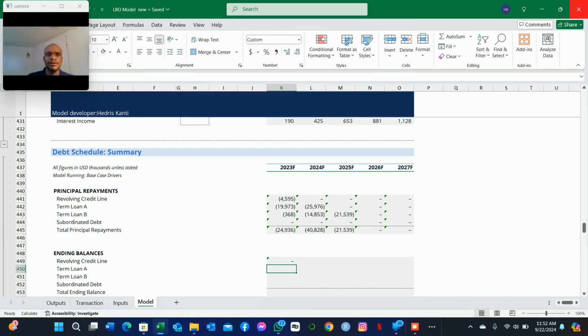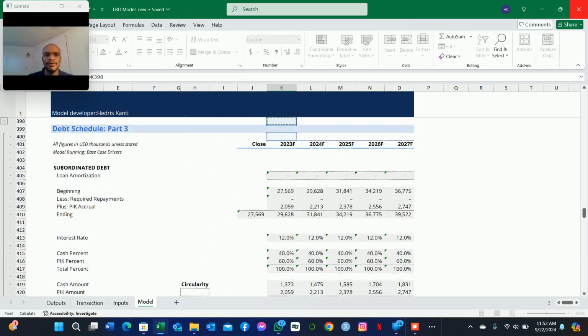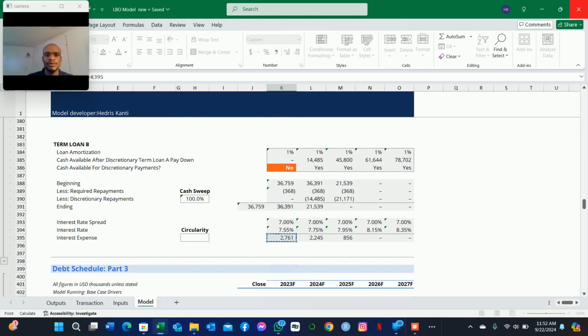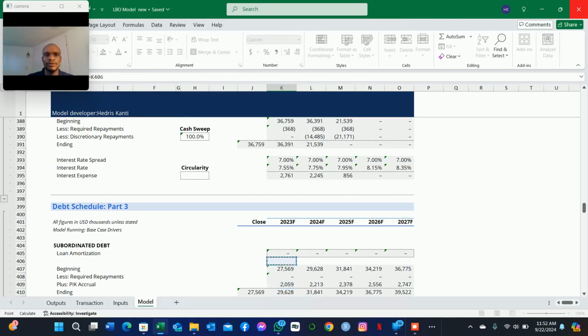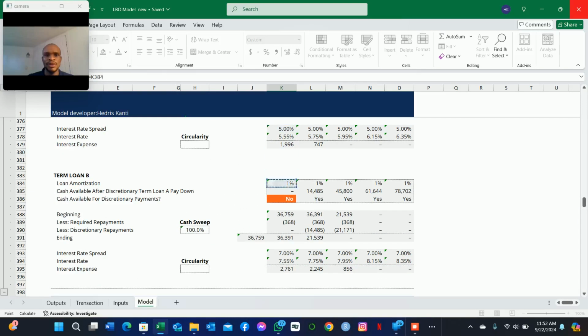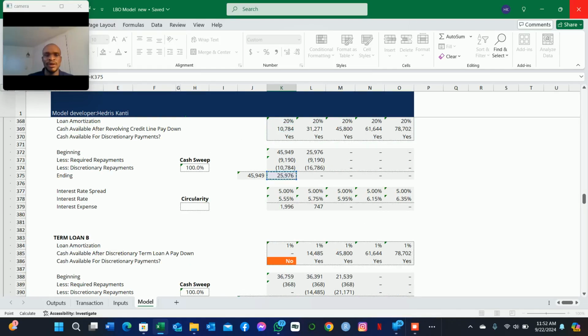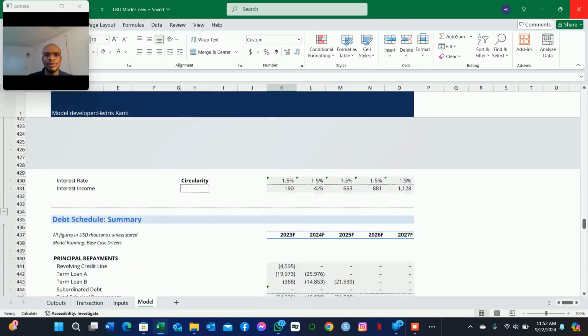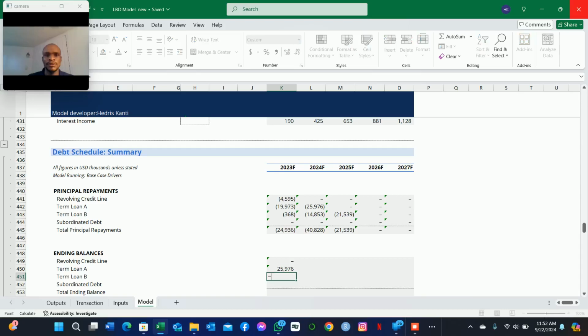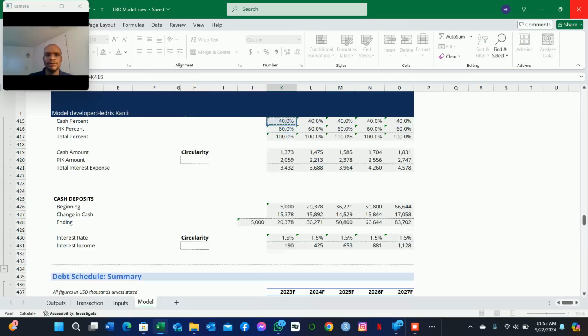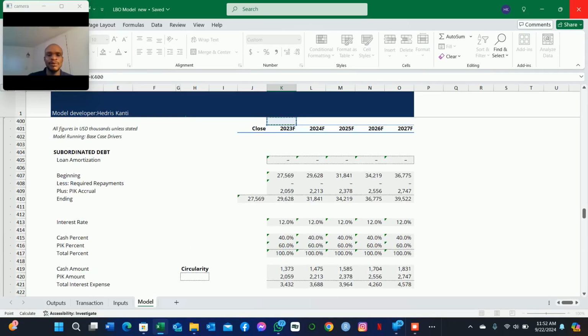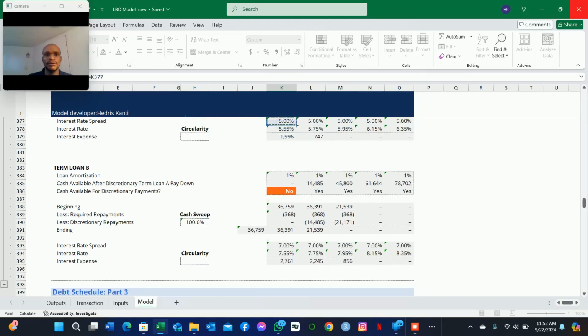And then for the term loan A, where we just account for whatever was left in that year to be paid, we take the ending balances for the term loan A. We have it there. We reference the ending balance for the term loan B as well. So the ending balance for the term loan B is going to be right here.